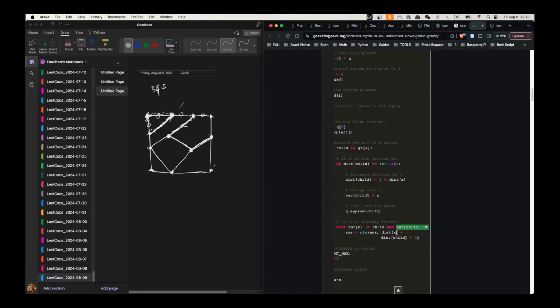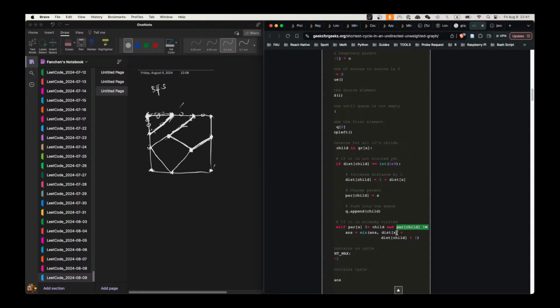Okay, I understand, but the problem is if I start from a node, this will guarantee that we will find the cycle immediately.